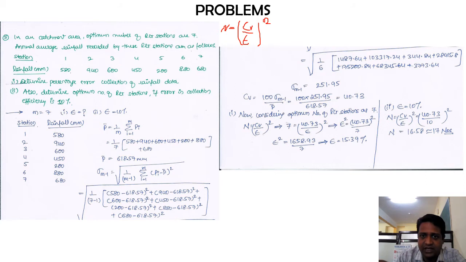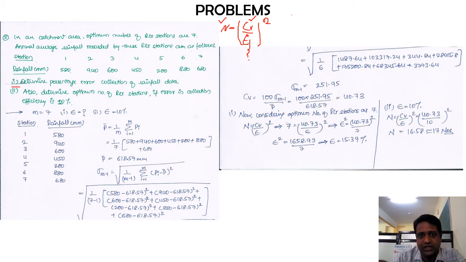Here N is already given, Cv you need to calculate, and epsilon is to be determined. That is the first part of the question.